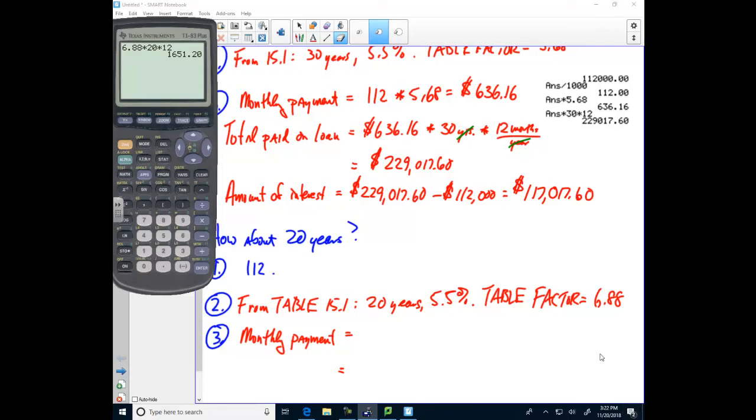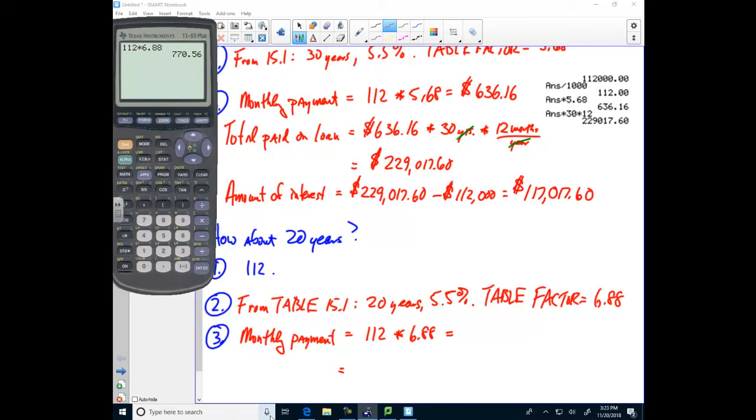The monthly payment, I was figuring out what it was going to cost for everything. The monthly payment is actually 112 times the 6.88, and that gives us what? Got ahead of myself. 112 times 6.88. There we go.